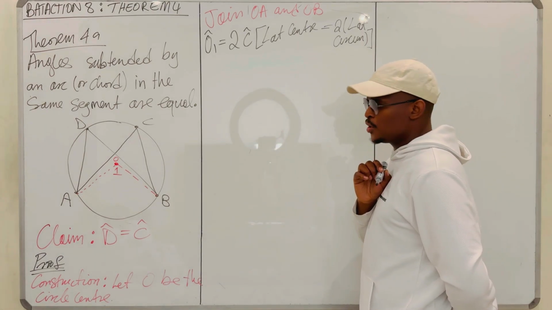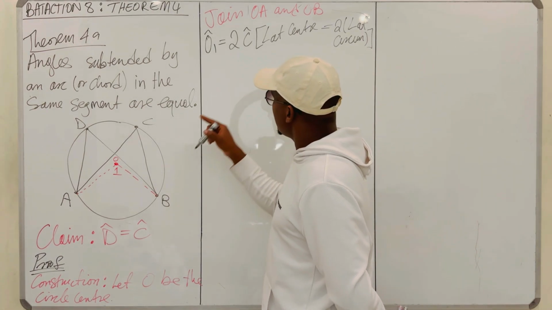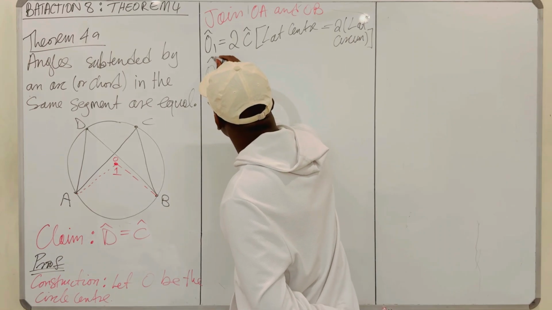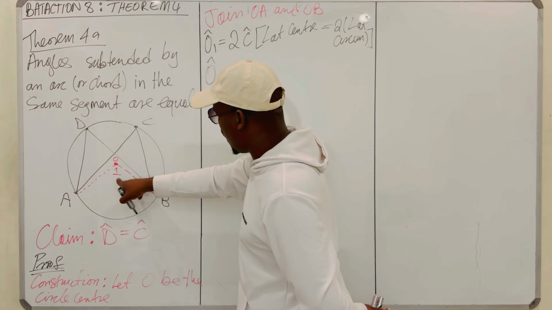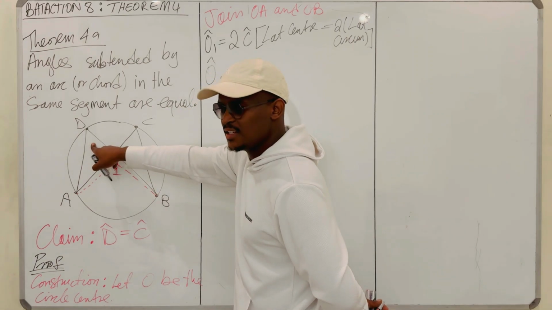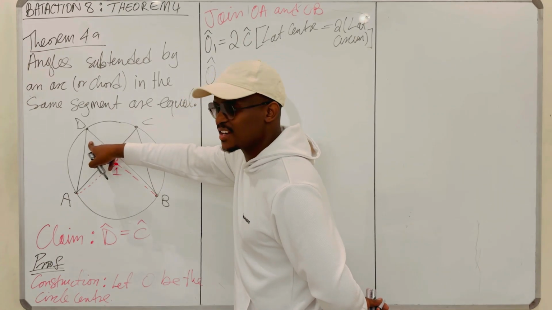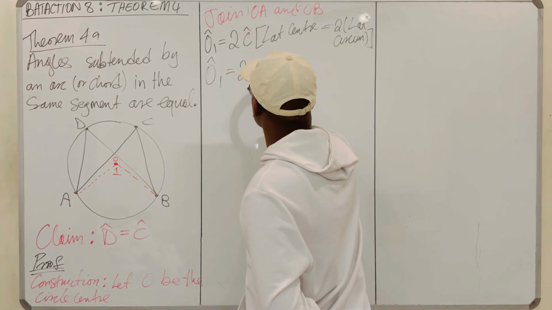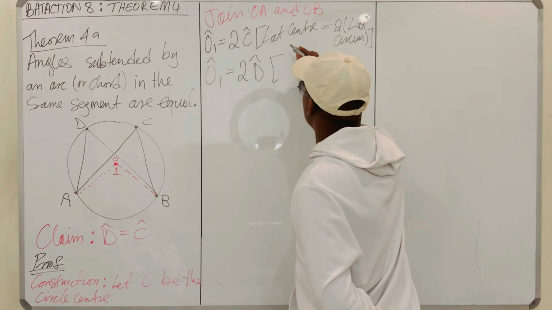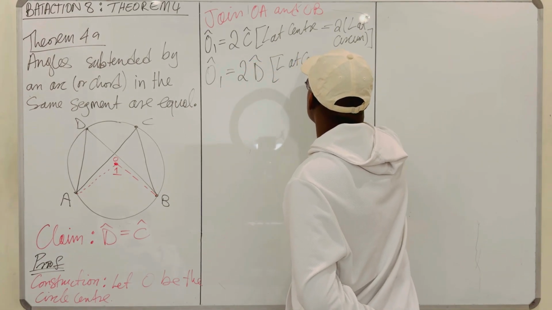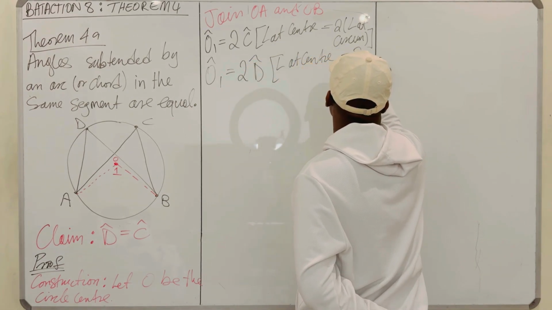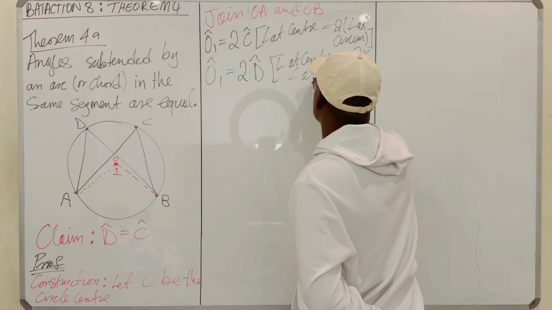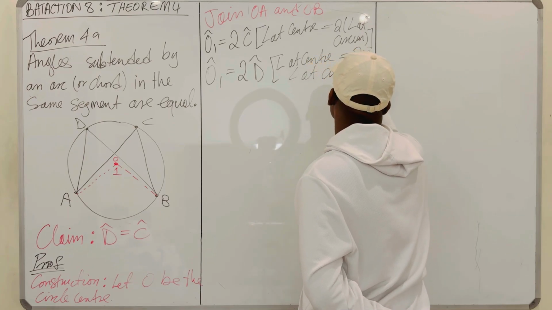We can use the same theorem and say that the same O1 is twice angle D, because this is the angle at the circumference. So 2 times angle D. Reason is the same as above.